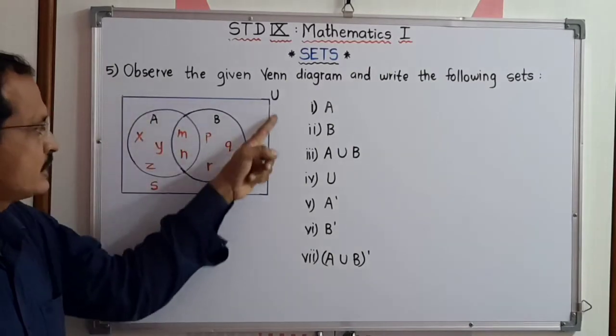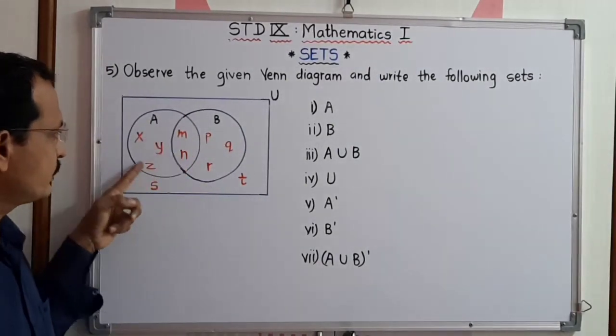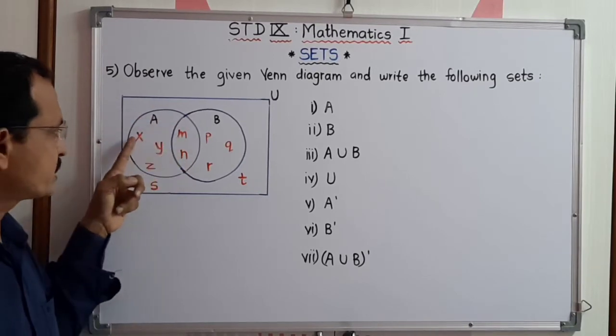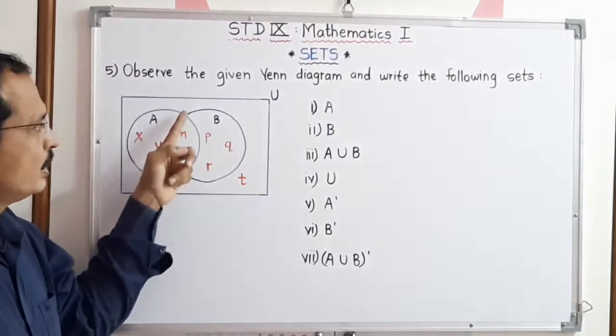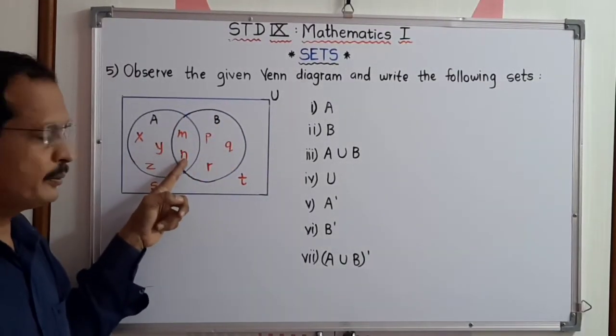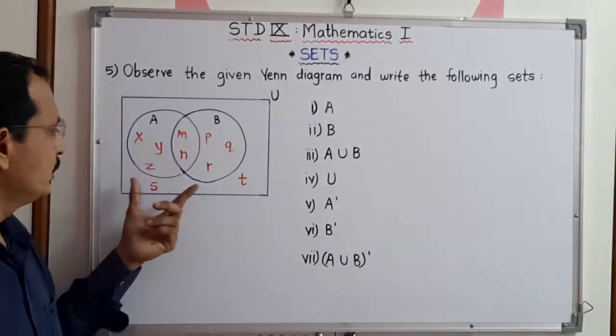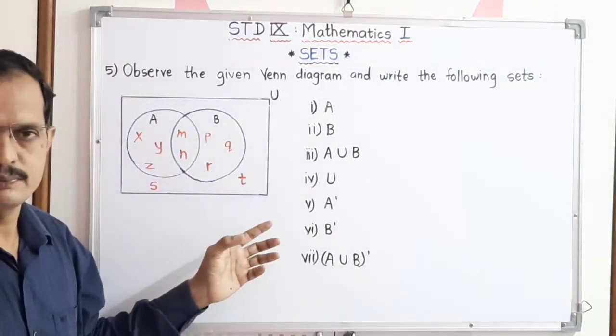First, the universal set, then set A is given. The elements of set A are x, y, z, m, n. Elements of set B are p, q, r, m, n. And we have to write these sets.